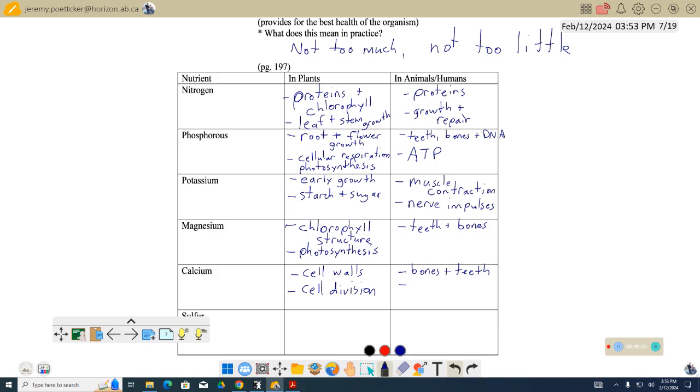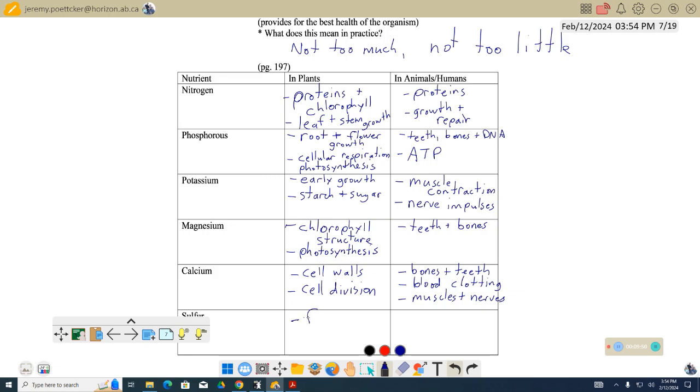Calcium also super useful for blood clotting. If you don't have calcium, your blood doesn't clot properly and you bleed a lot from a tiny cut. And finally, we need it for our muscles and nerves as well. They work best. Essentially, muscles and nerves.